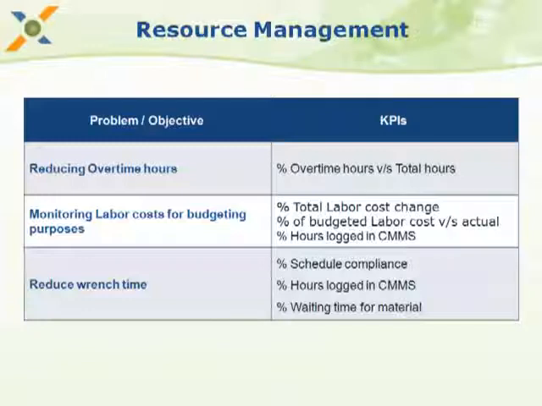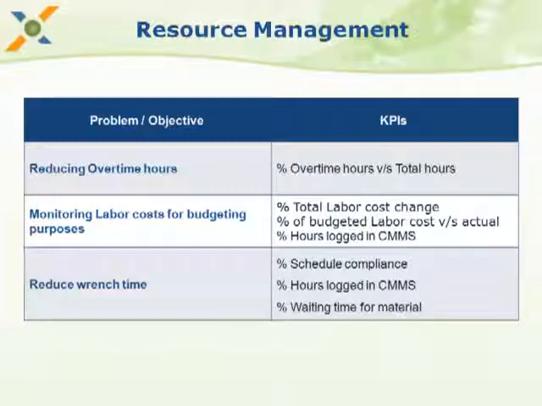Those things will help identify how many hours are actually logged within CMMS, and then if required, you can ensure that the rest of the hours are also logged or accounted for, which will help address the wrench time or the time that is not billed or not utilized. Labor utilization can be improved.